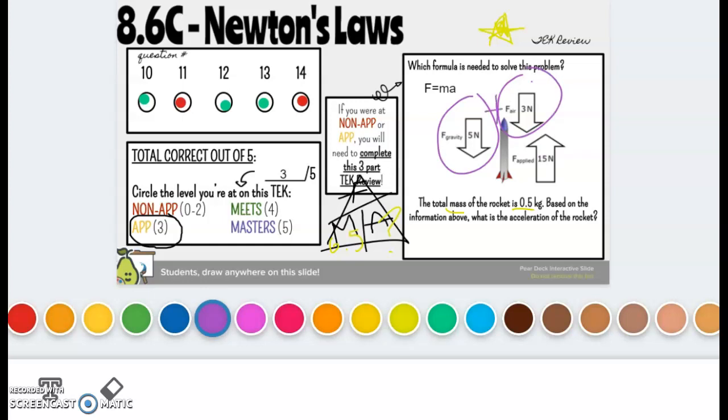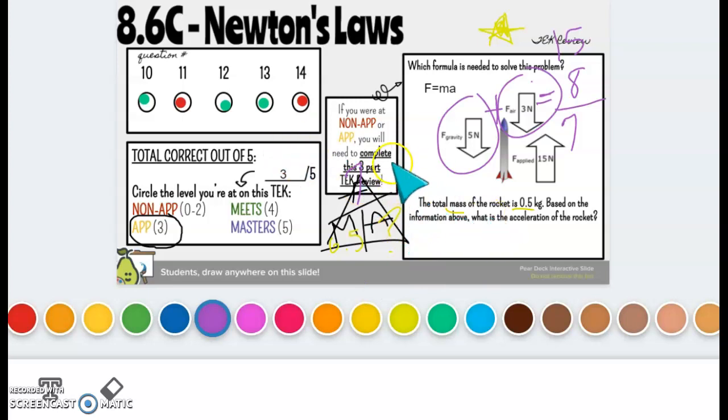So we would add, so 5 plus 3 gives us 8. But then there's 15 newtons going up, so the opposite direction. So to find the net force, we would subtract. So 15 minus 8 gives us 7. So now we can plug that number in.